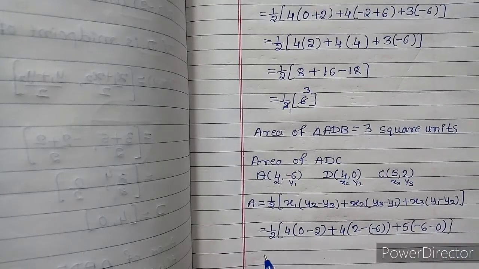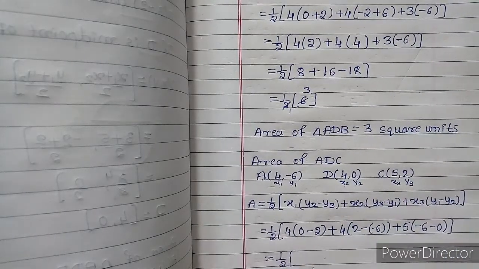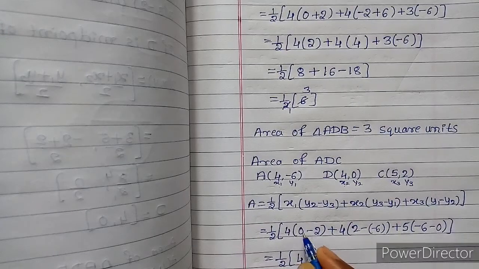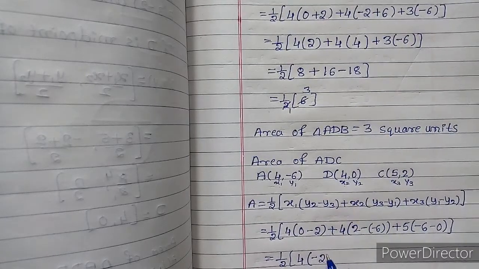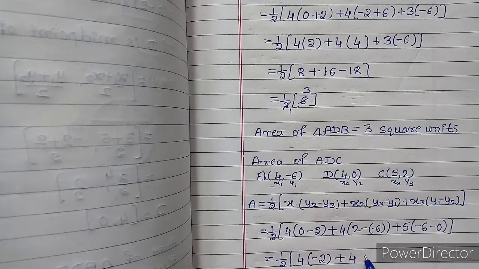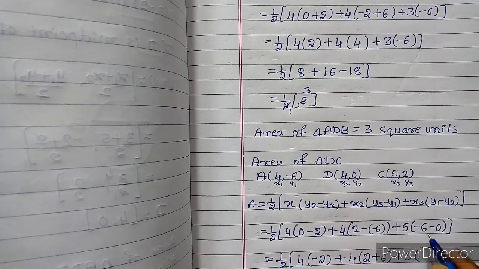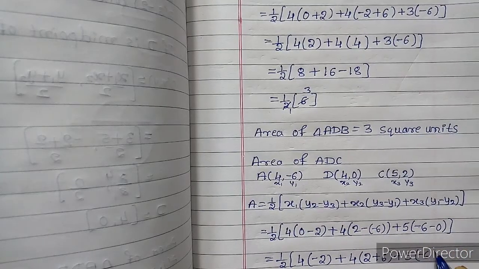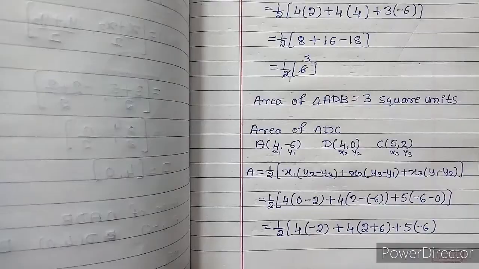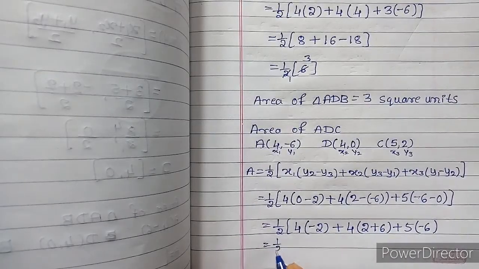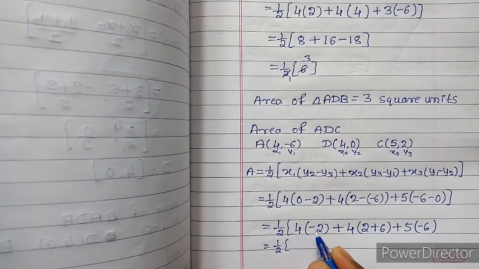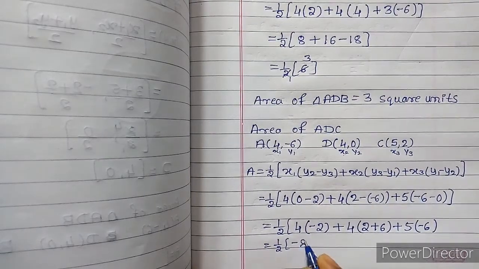Then next 1 by 2 into bracket 4 into bracket 0 minus 2 is minus 2, plus 4 into bracket 2 minus into minus it becomes plus 6. Then plus 5 into bracket minus 6 minus 0 is minus 6. Then 1 by 2 into bracket plus into minus minus 4 4s are 8.